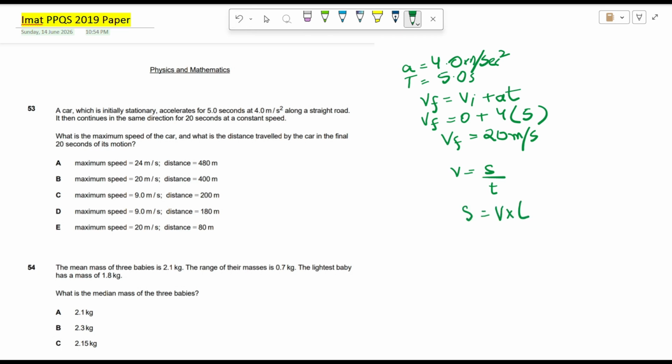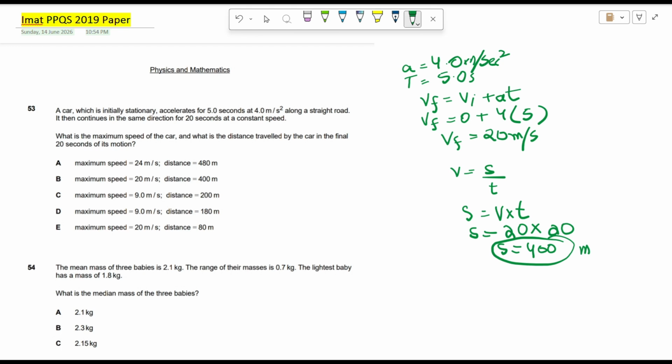So velocity into time, S is equal to 20 into time. Our time is 20 seconds, right? So S equals 20 into 20, which is 400 meter. So 400 meter is the distance traveled by the car in the 20 seconds.